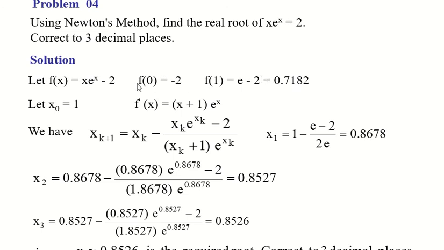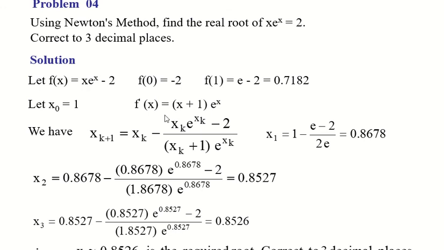So you can conclude the root lies between 0 and 1. Here I have taken x0 as 1 only. You can take x0 as 0, or x0 as 1, or even the midpoint, that is 0.5, as x0.